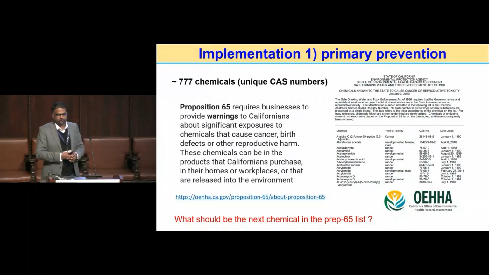So just an example of primary prevention implementation endpoint. This is the Prop 65 list by California, and it has 777 chemicals. It will be a question in front of us, how the exposome community can recommend new chemicals that should be included in Prop 65 or any other hazard assessment agencies.